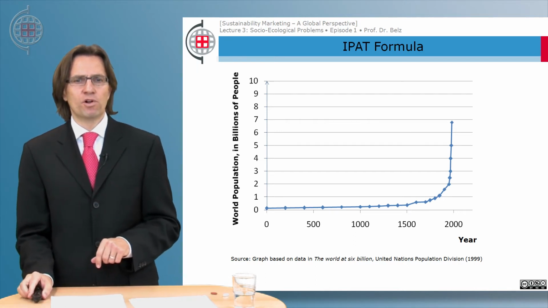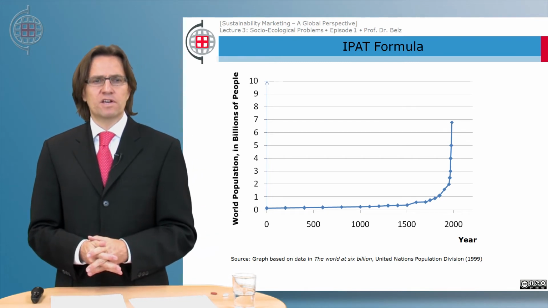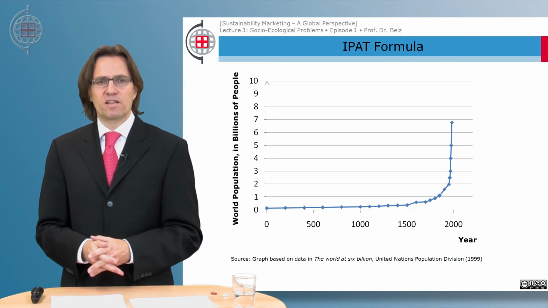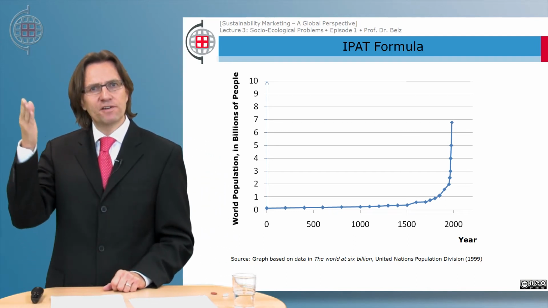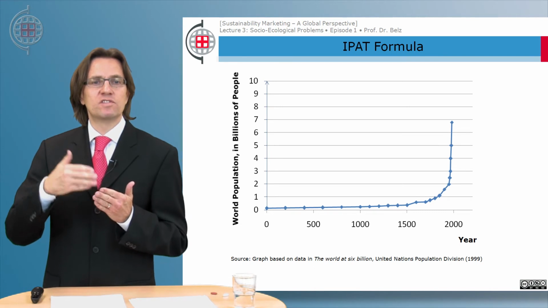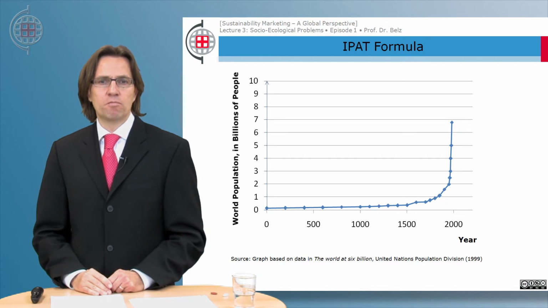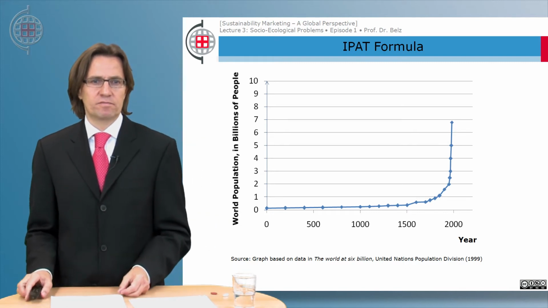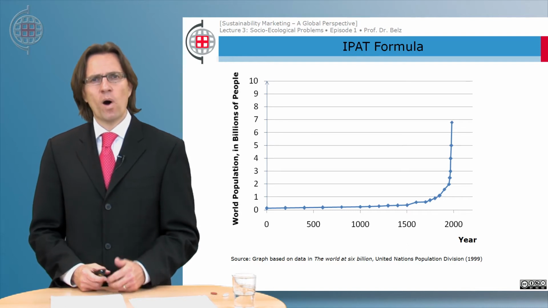Here you see the growth of world population during the last 2000 years. You can see that until 1800 we had less than 1 billion people on planet Earth. And then in the 19th and the 20th century we see an exponential growth from 1 billion to 7 billion people. Actually, in 2012, more than 7.5 billion live on planet Earth. So we see a high growth, especially during the last 200 years. Why is that?